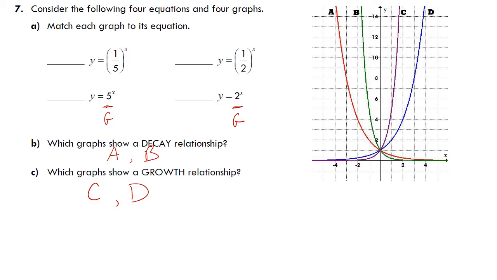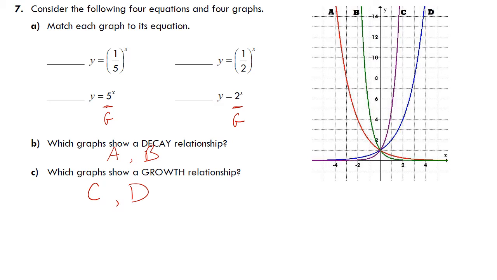Now, if you remember from one of our lessons on exponential relations, some of the patterns, the steeper the graph, the bigger the base. So if you're looking at C and D, which graph looks steeper or increases faster?